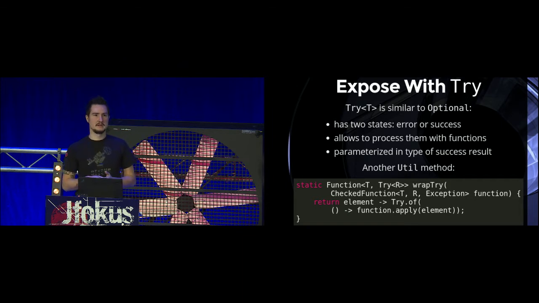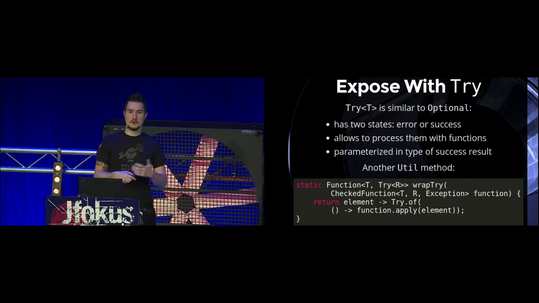So when you try something, like here, you can say Try.of, and then you execute this. Try will execute this immediately, and if it works, it will go into the success state, and you can return the result of that operation. And if that doesn't work, if that throws an exception, it eats the exception up and falls into the failure state.